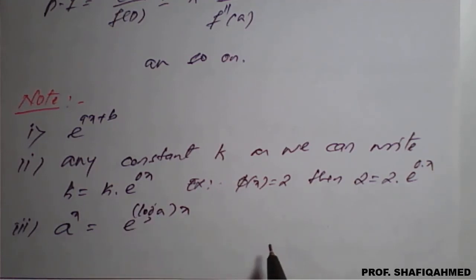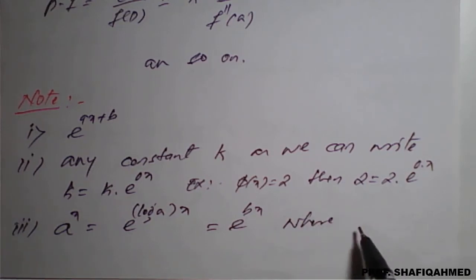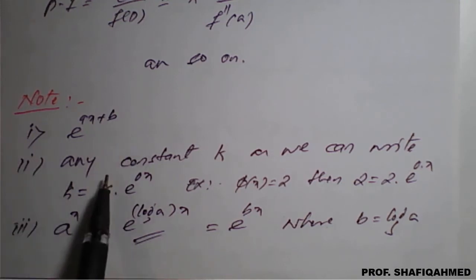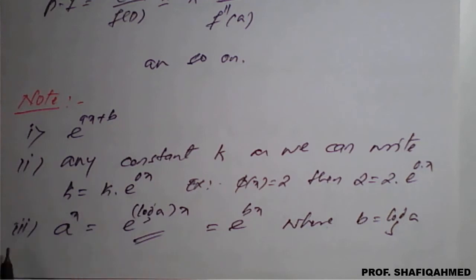That formula we are going to use, which we can also write as e raised to bx, where b is nothing but log of a. Better to remember this formula and go for the following condition.